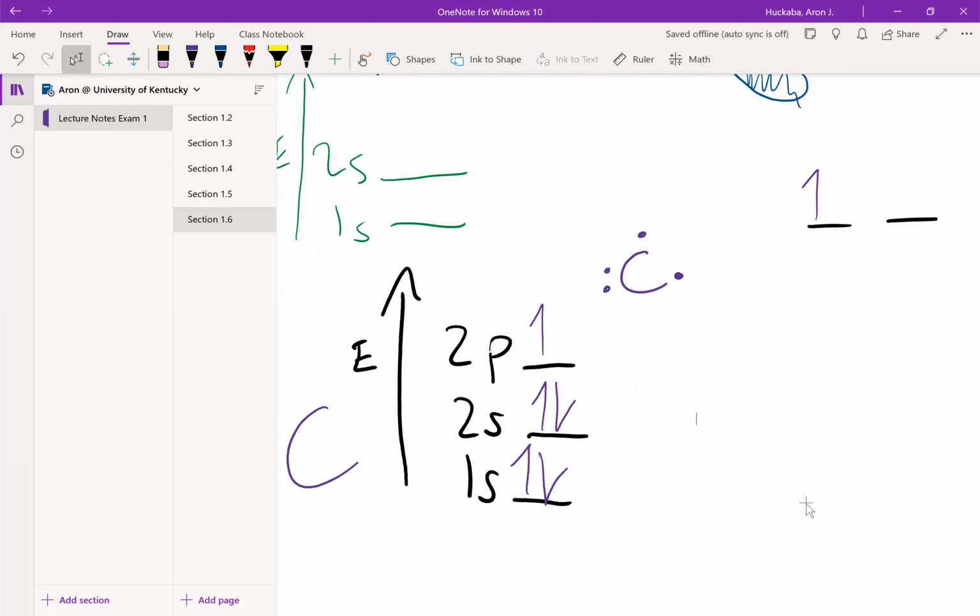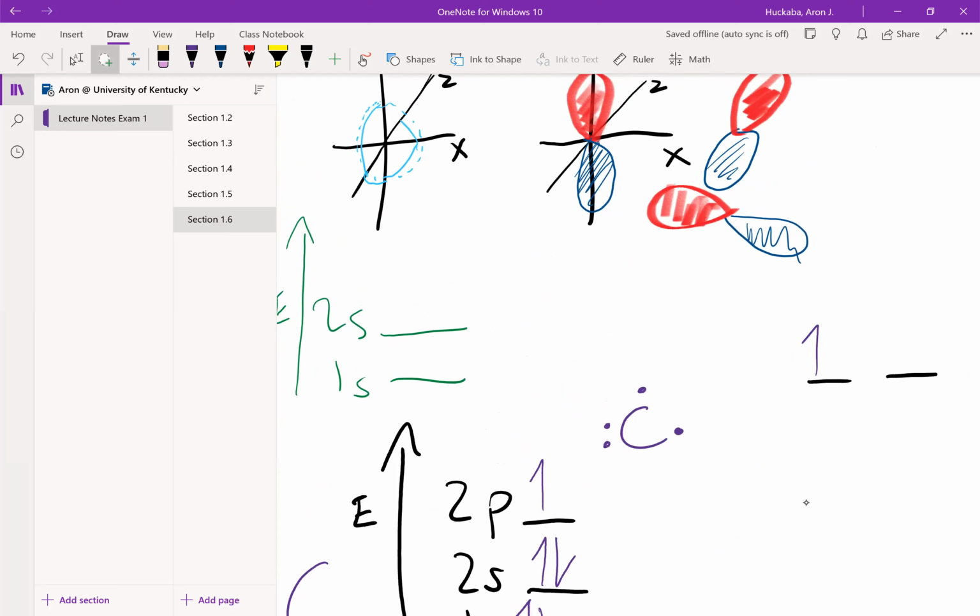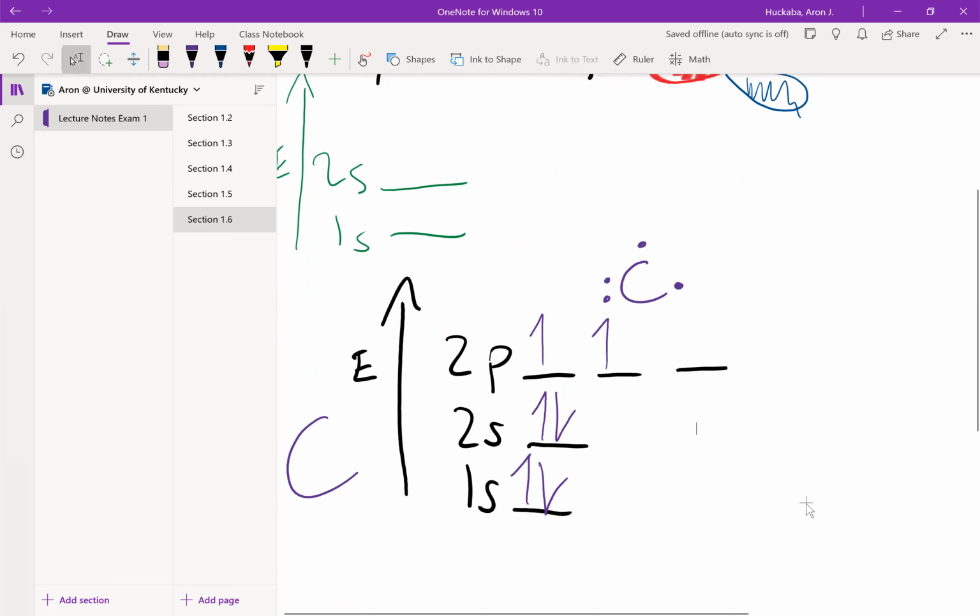Carbon wants to make 4 bonds, in as much as an atom can want to do anything. The energy related to making 4 bonds is so high that if it can, carbon will do that. But the reason why it will do that is because of this.